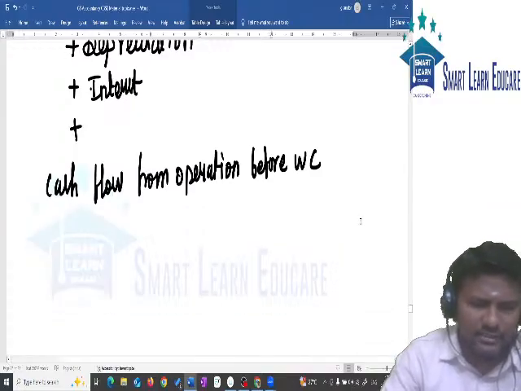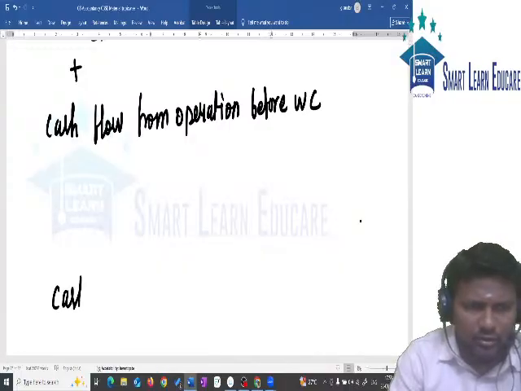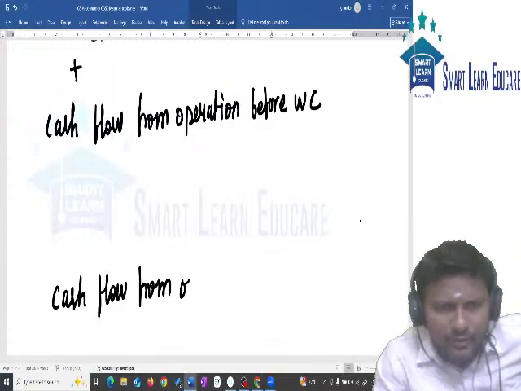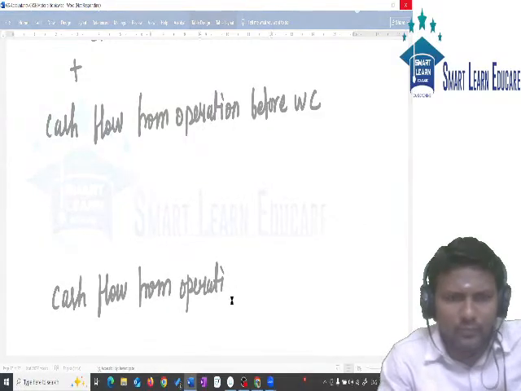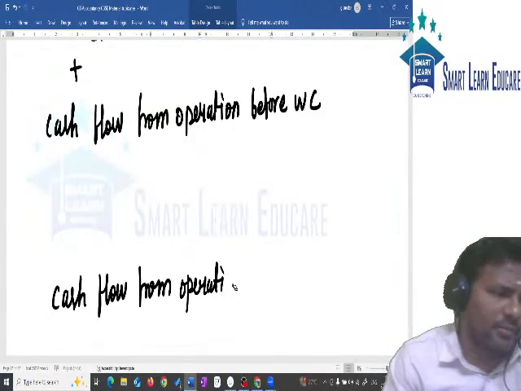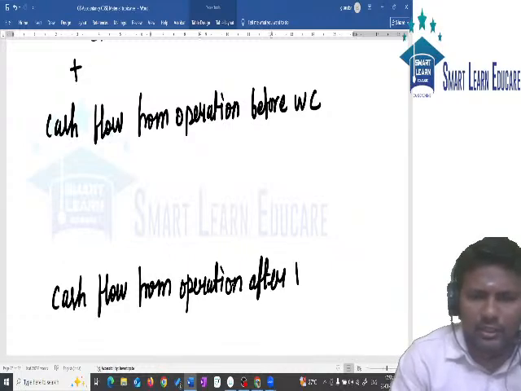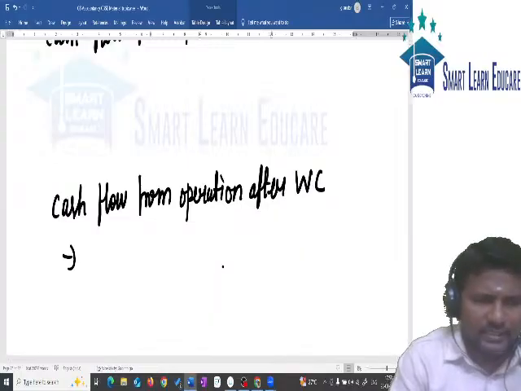Leave some space. This will give you cash flow from operation after working capital, less tax paid.